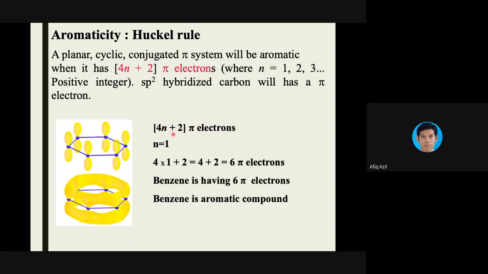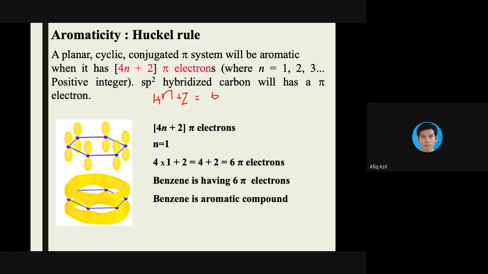So you bring the 2 to the other side. Okay, wait, I'll try to use a pen. So 4n plus 2, sorry, I'm using equals 6.